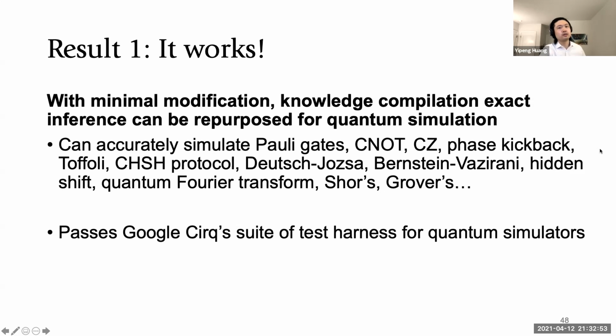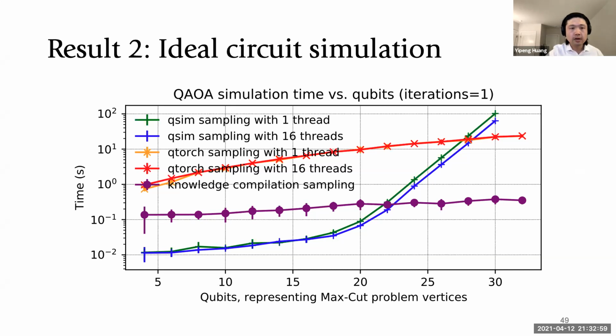quantum algorithms, these benchmarks. And then secondarily, we use our simulation technique and we compare against both simulators based on matrix vector multiplication and also on tensor network contraction, right? So these are the Schrodinger and Feynman style simulators that I talked about earlier.